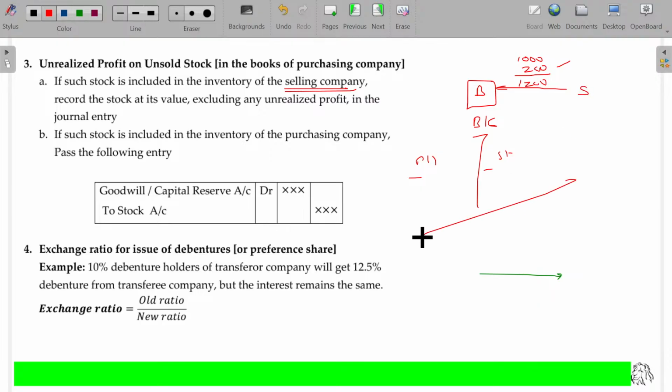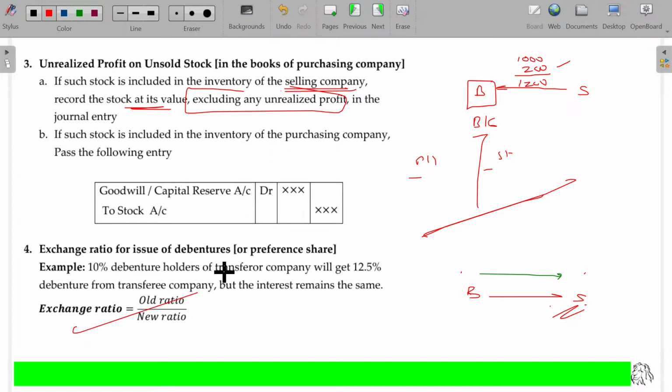In this case, what we have done is correct. If the buying company goods are included in the selling company, what happens? While passing the journal entry, you can undervalue that. That's okay. So the stock is valued at its own original cost by excluding the unrealized profit. That's how you can understand this one when goods are transferred from buying to selling.